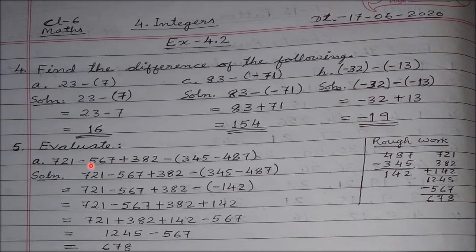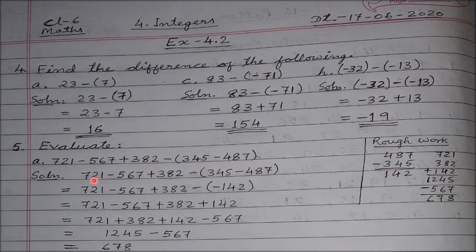Next is question number 5, evaluate, or to solve. It is 721 minus 567 plus 382 minus (345 minus 487).